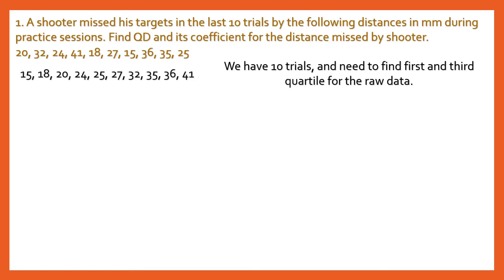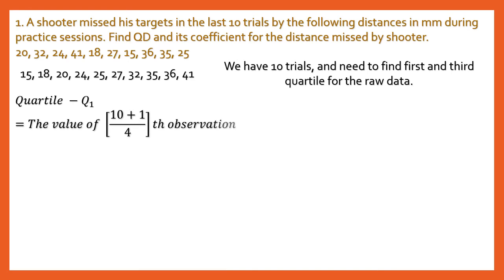Starting with the quartile, that is Q1. The value of (10 plus 1) upon 4th observation, because it's raw data or discrete data, plus 1 is to be added to our total outcomes, that is 10. So that will get you to the 2.75th observation. Now the 2.75th observation lies between the second and the third observation here.